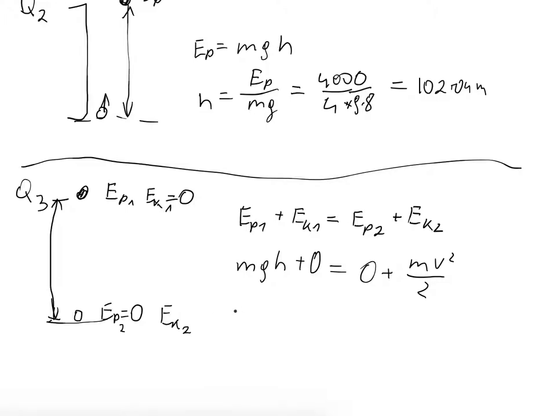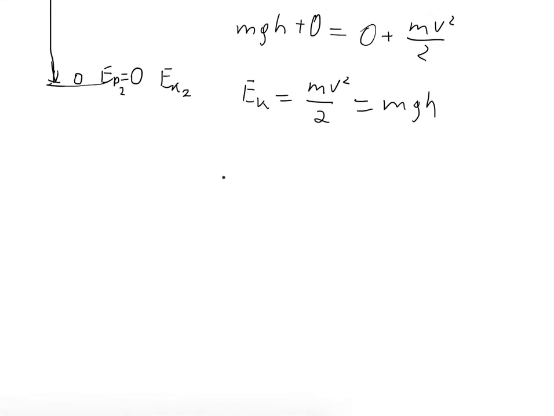First of all, a useful thing to note is that kinetic energy is mv squared over 2. But also, because all of that potential energy turns into kinetic energy, I can write that it will also be equal to mgh.